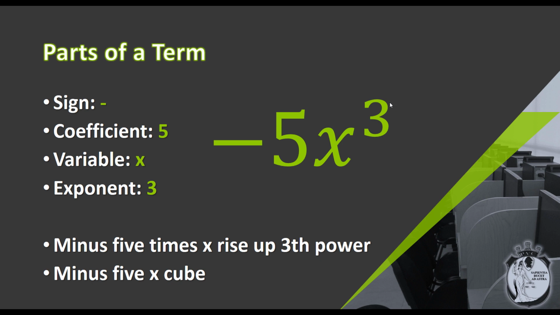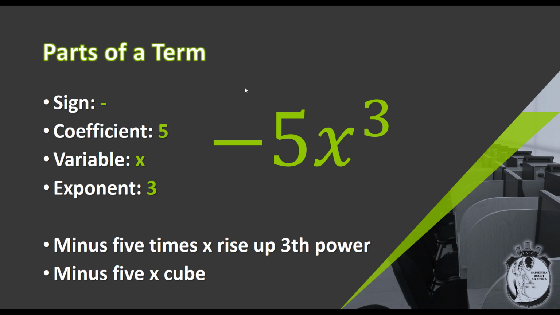All in a short mode, minus 5x cubed. But you need to understand the first mode because you need to understand what kind of operation is here. This is a multiplication, but we don't write the symbol here.